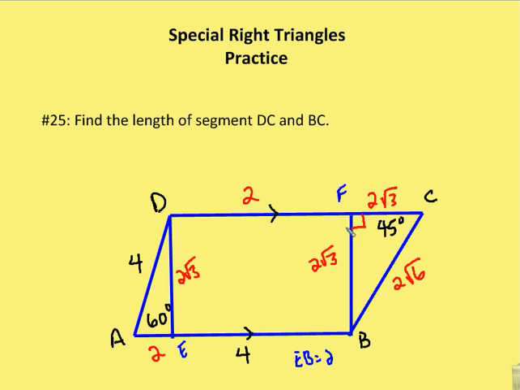So both FB and DE are the same distance, so I know FB is going to be 2 root 3. If FB is 2 root 3, then FC has to be 2 root 3. And I know that CB is going to be FC or FB times root 2 based on my special right triangles information. So CB is going to be 2 root 6. So DC then becomes 2 plus 2 root 3, and BC becomes just 2 root 6.